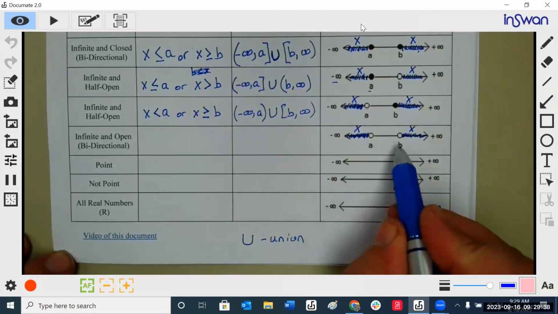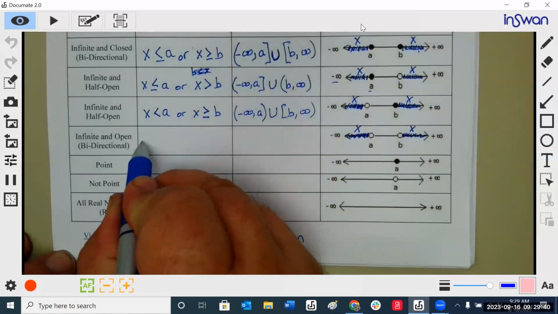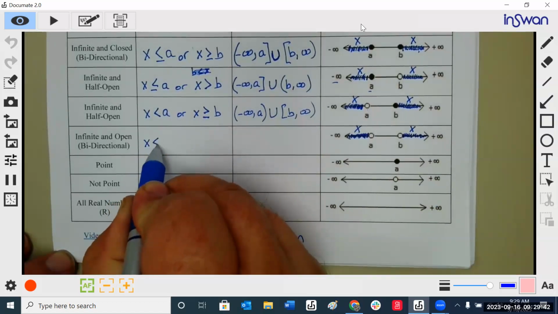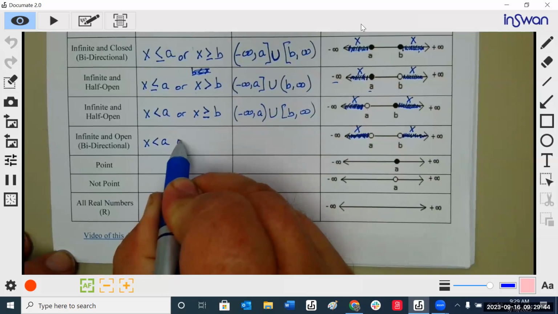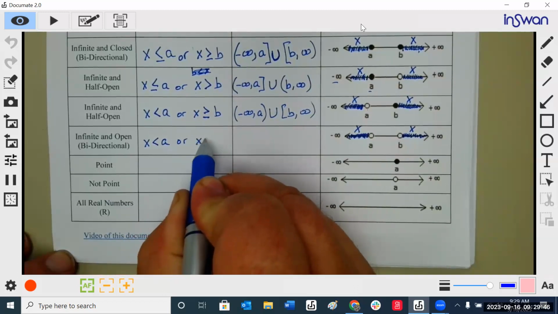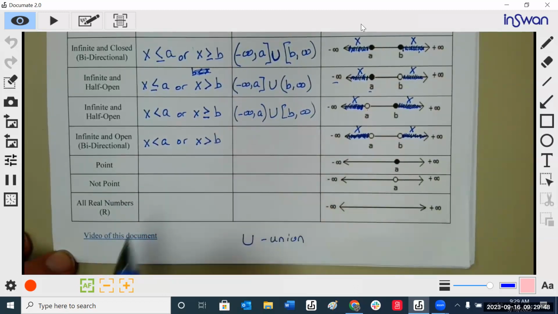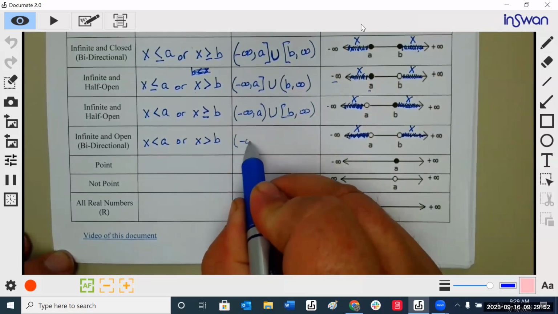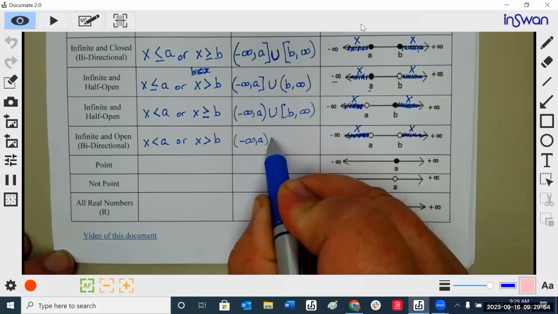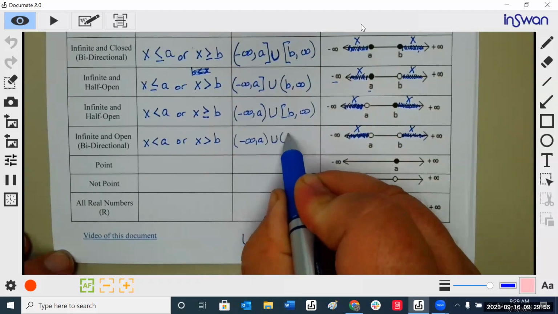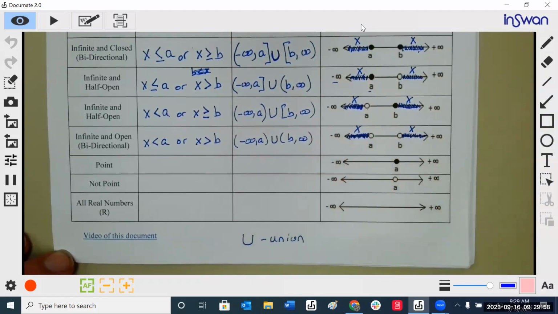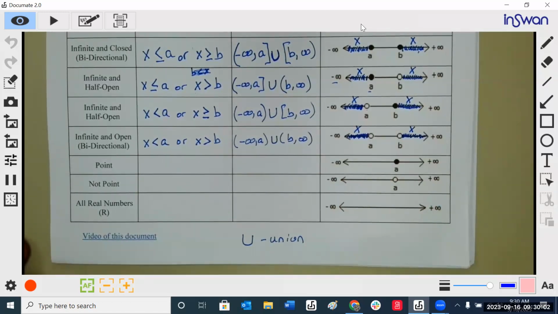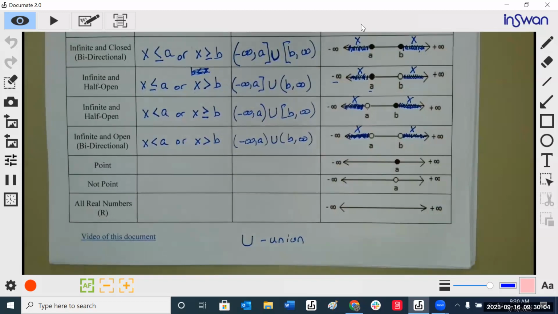Okay, last one, they're both open circles. So X is strictly less than A, or X is strictly greater than B. No equal signs. And negative infinity to A parenthesis, union parenthesis, B to positive infinity. Now there's a pattern. You see this pattern.